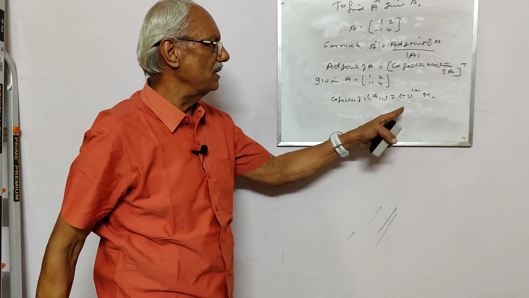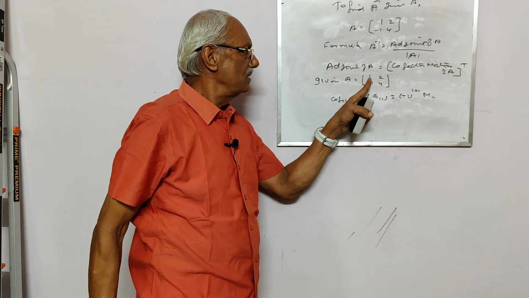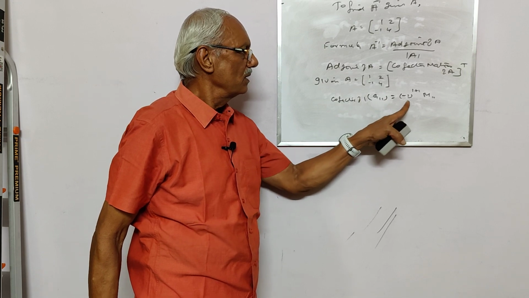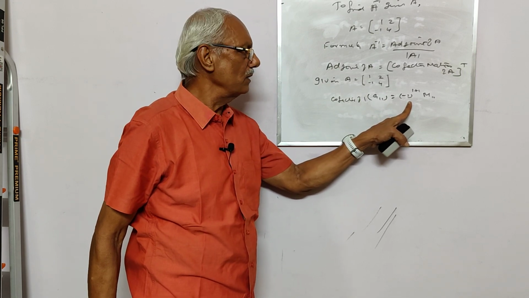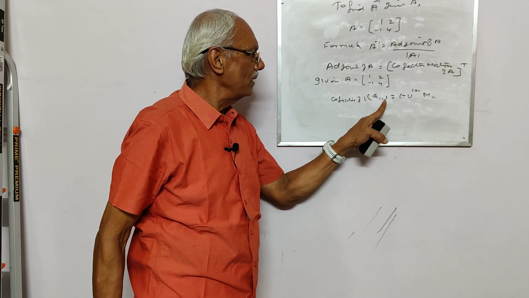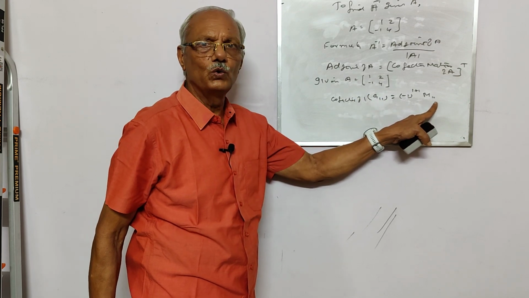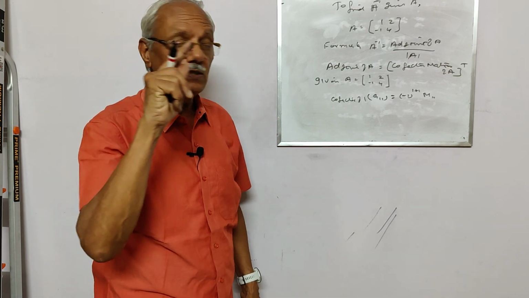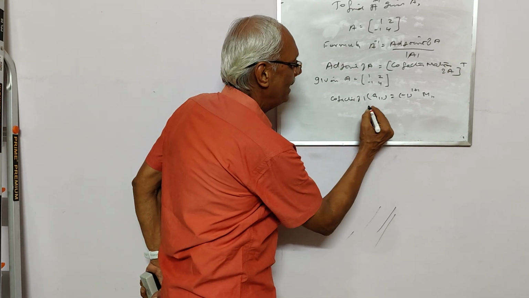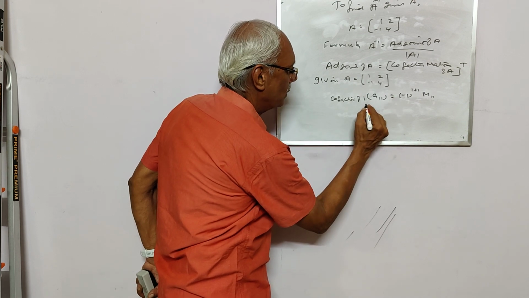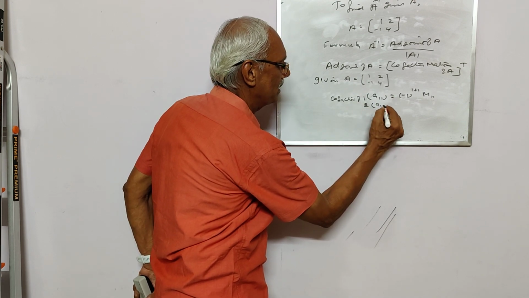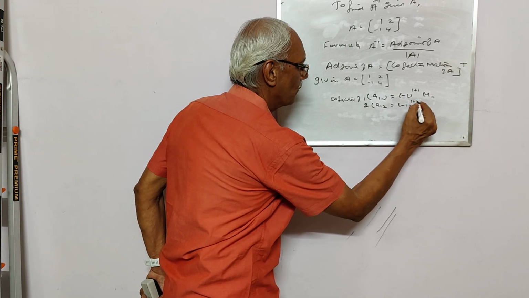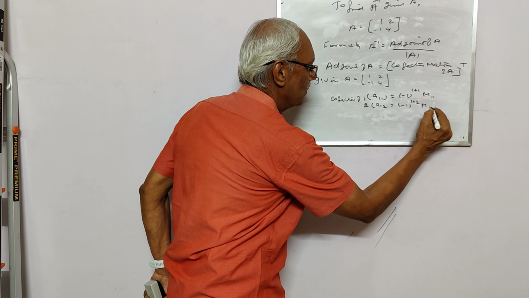Can you understand here? This is your A11. So the cofactor of A11 will be equal to minus 1 to the power of 1 plus 1 into its minor M11. I taught you about minor. And the cofactor of 2, which is element A12, is minus 1 to the power of 1 plus 2 into M12.